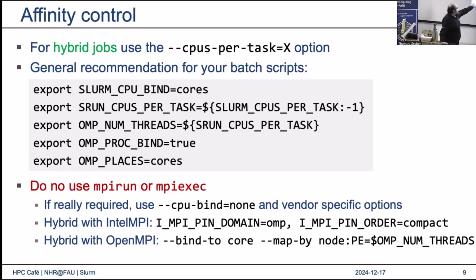If you want to do hybrid with OpenMPI, use bind to cores and map by in this more complex statement here, which basically splits the node into parts of OpenMP threads and then takes the amount of processes you want. You probably get better performance with this one. It might not be the optimal performance, because for that you should know how your own application works and how the affinity should be set. But it's better than nothing, let's say.